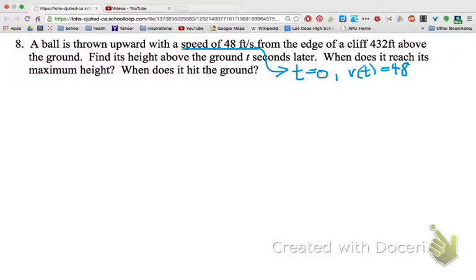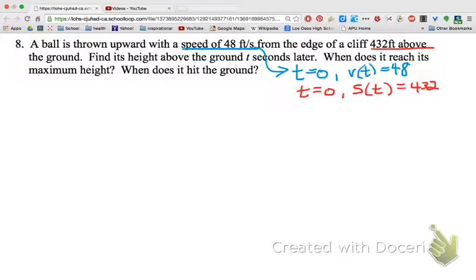So I have 432 feet above the ground. So again, when time is 0, but this time that's position is 432. So I don't see any more Blue's Clues, but instead I see some questions that it asked me.